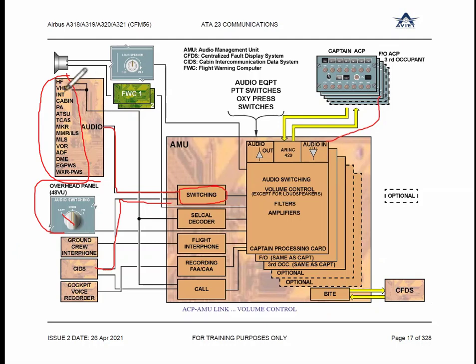It means you have HF, VHF, interphone, cabin PA, ADF, VOR, DME, weather radar, wind shear, EGPWS. You have a hell of a lot of audios available, as well as audio from the flight warning computer.